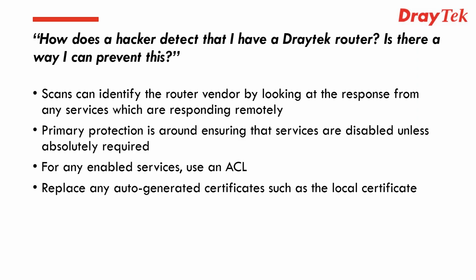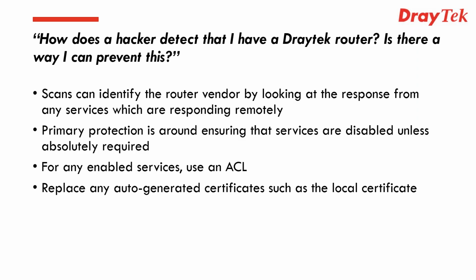So the key thing to prevent it is to prevent people from having the ability to communicate with the router's services. So ACL is really helpful related to that, and also disabling services that aren't needed, because that reduces the number of different services that could be monitored and hacked.